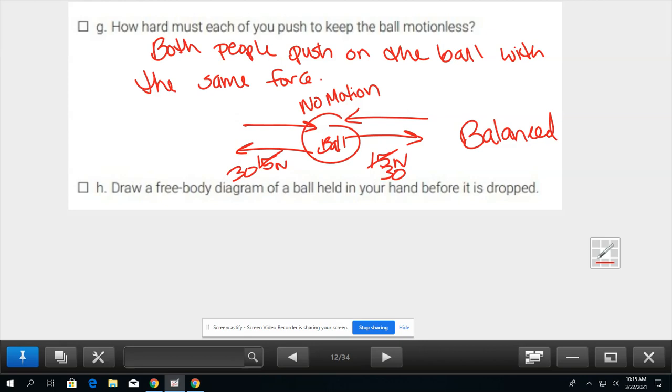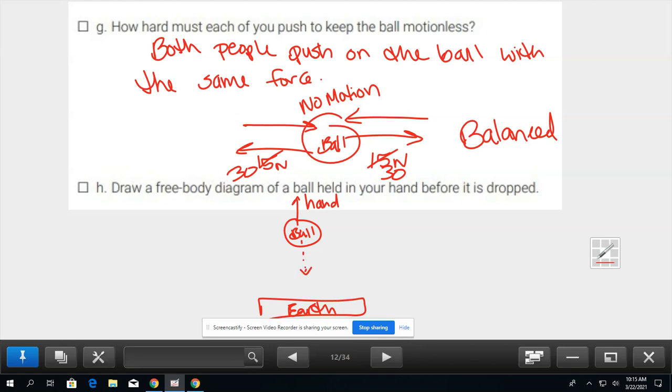Okay. Then at the end of the video, we saw that they were holding the ball above Earth and then they dropped it. So we're going to draw a free body diagram of a ball that is held in your hand before it's dropped. Okay. So we know that the Earth is down here. Here's the ball. My hand is going to hold the ball up.